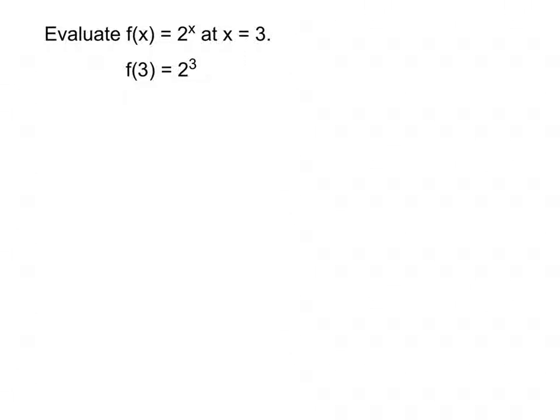And you can either calculate it manually, or you can use your calculator and simply key in 2, and then you'll see on your calculator this upside down V, which is called a caret, and then you plug in 3 and hit return, and you should get your answer 8.